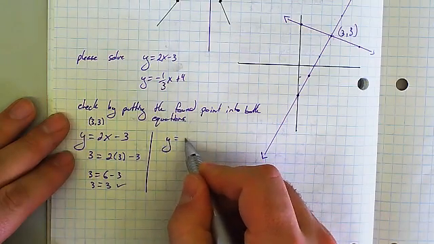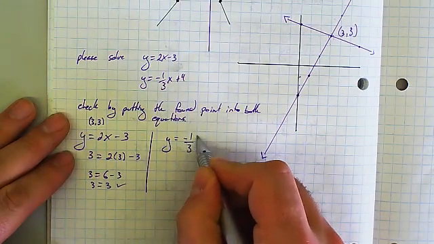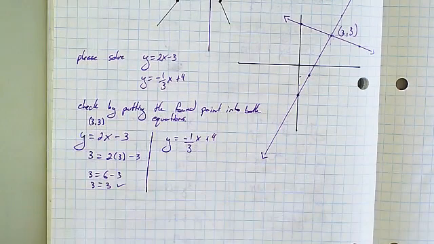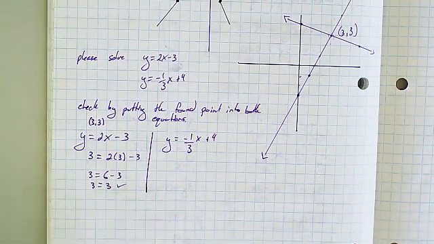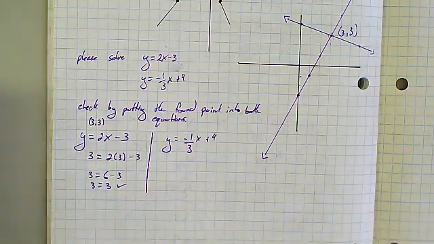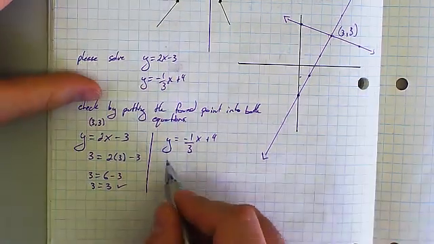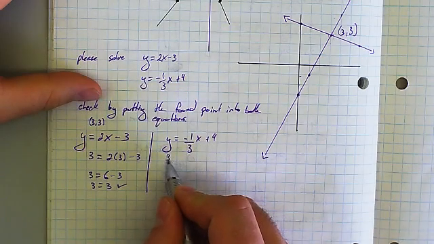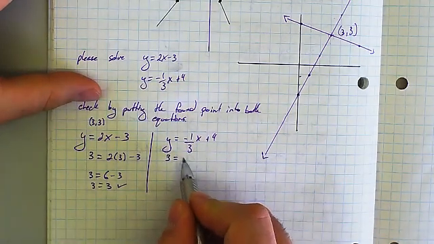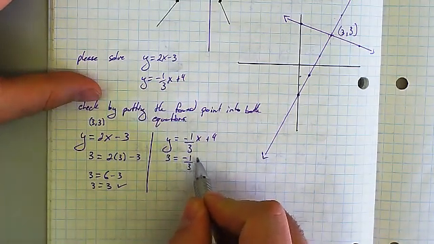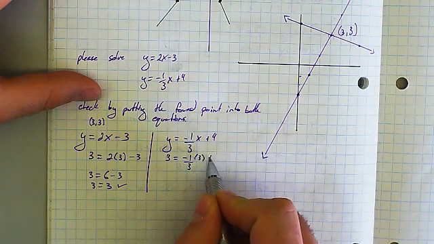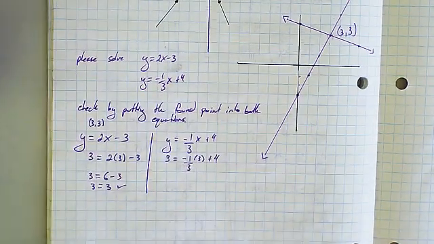I have y equals negative 1/3 x plus 4. And again, punch in the point 3 and 3 into both sides. So my y is 3, my x is 3. So 3 equals negative 1/3 times 3 plus 4.